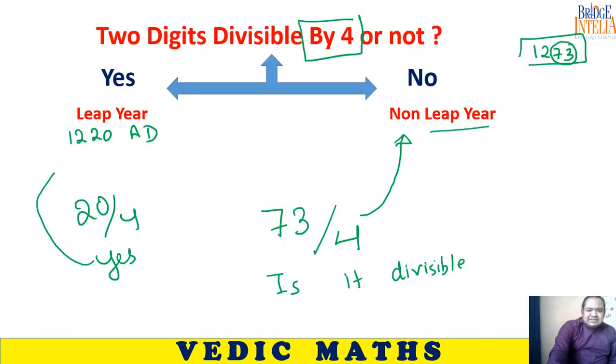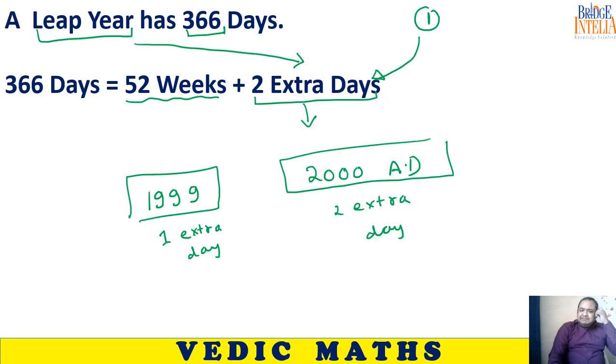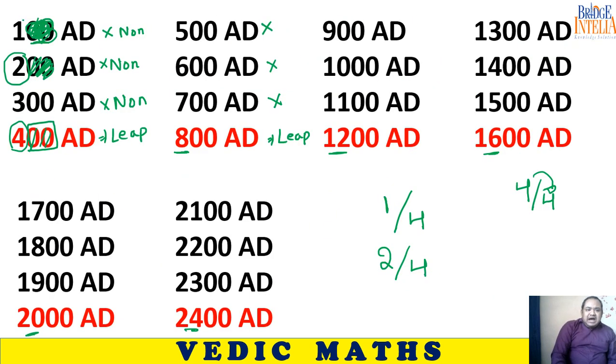So before we begin solving questions, these are the three key facts that you have to understand. A normal year generates one extra day. A leap year generates two extra days. So 100 AD, 200 AD, 300 AD, all these are not leap years.